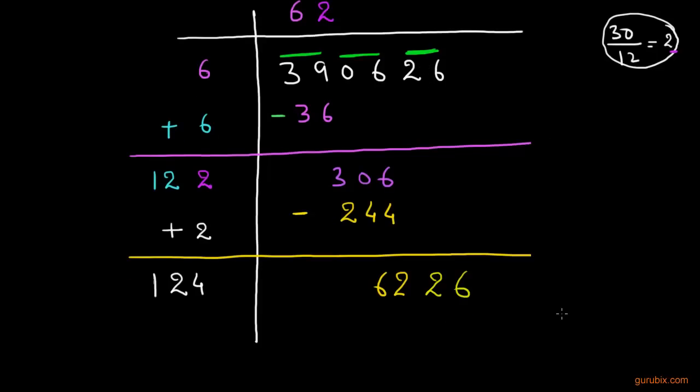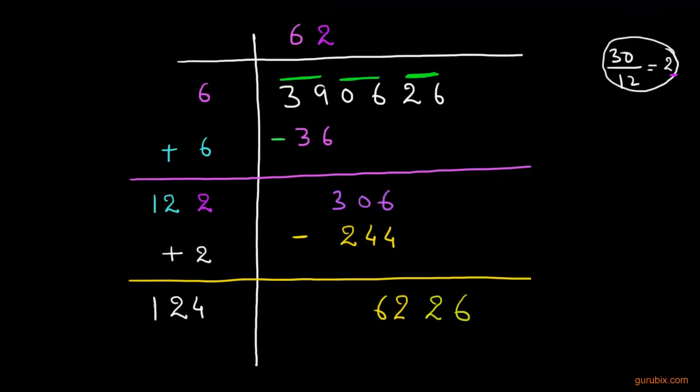Now our work is to find the next digit in the quotient. How can we do it? We keep the unit digit aside and take the number 622 right here, and we divide this 622 by this 124.